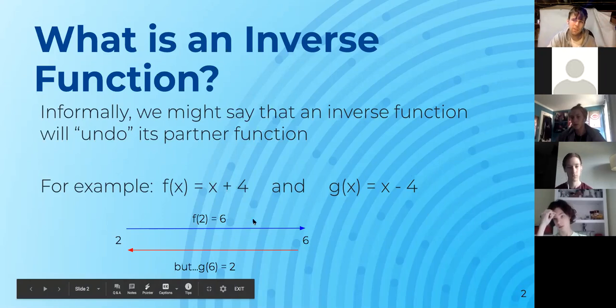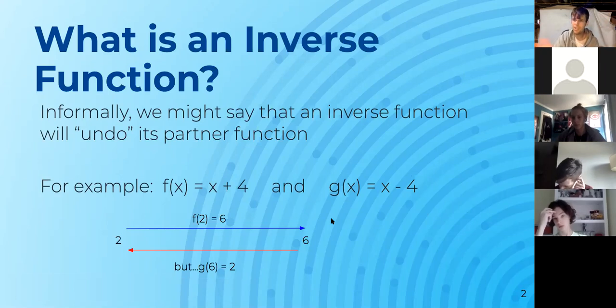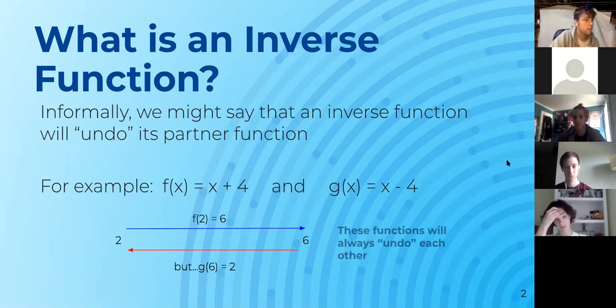But that's not really the way that we decide if two functions are inverses, because there are some functions that are inverses for part but don't work all the way, and some that work for specific numbers but not all numbers. There are other ways that we can decide if two functions are inverses, and we'll get into that in a little bit. These ones will always undo each other. They would be considered inverses.